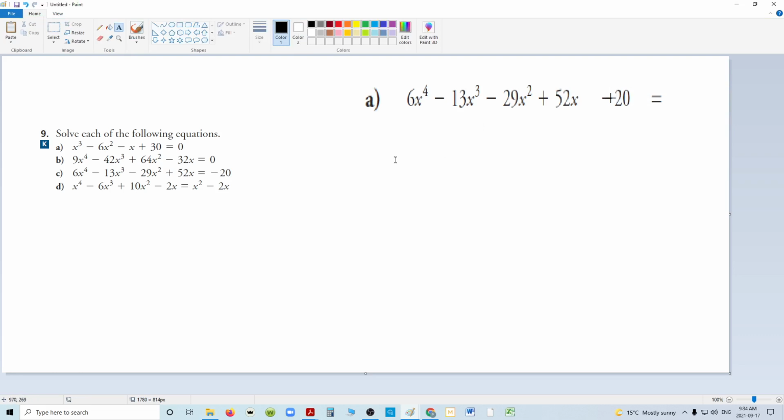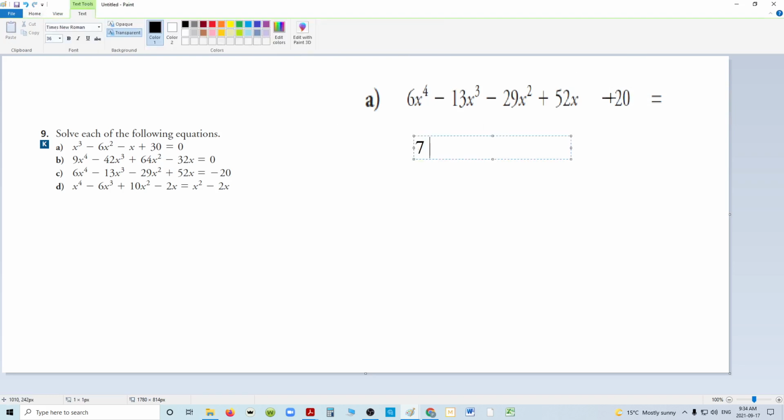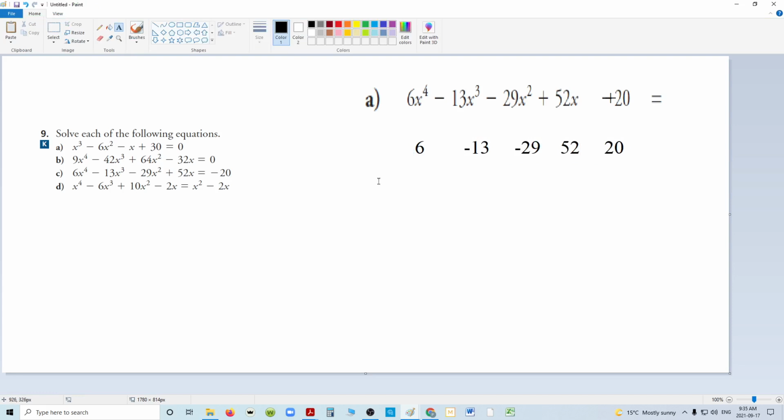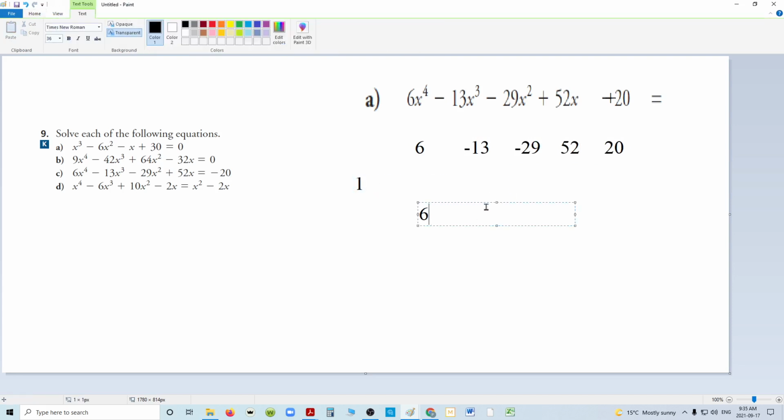Equals 0. Notice that it's going to have a y-intercept of 0 comma 20. It's a quartic. The numbers we're dealing with are 6, minus 13, minus 29, 52, 20. They don't fluctuate much, so definitely check out the 1 first.